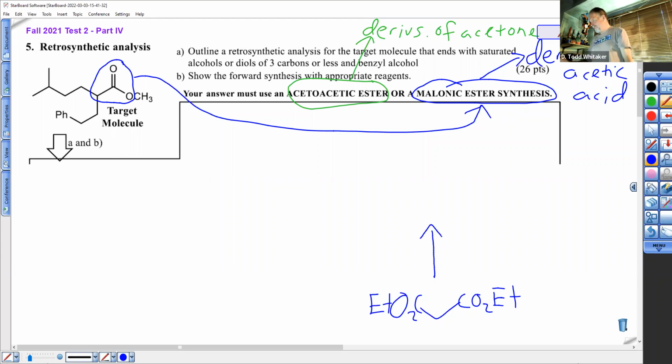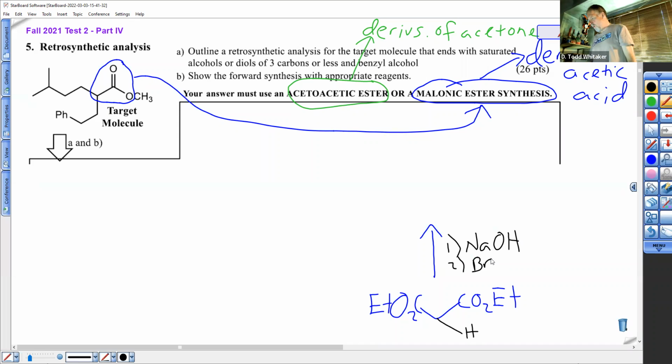And why do we love the malonic ester synthesis or the acetoacetic? Because this H is easily removed with cheap, strong base. You're taking that H off and generating a minus. Then you put one of those two groups on. It better have a leaving group on it because you just generated an anion.